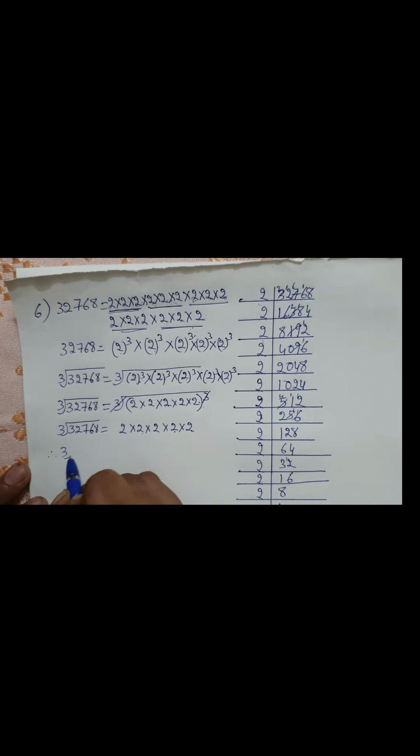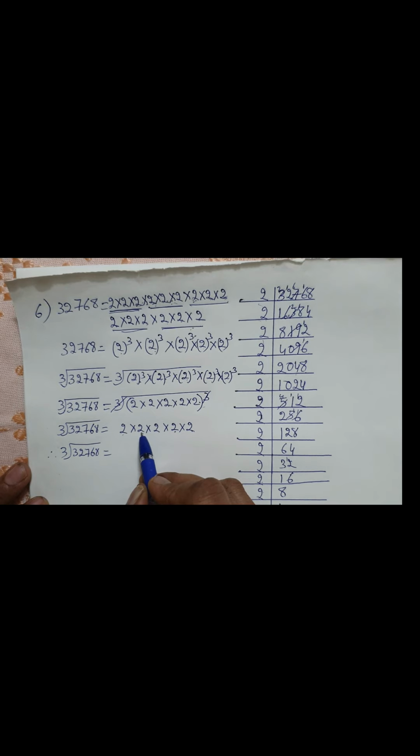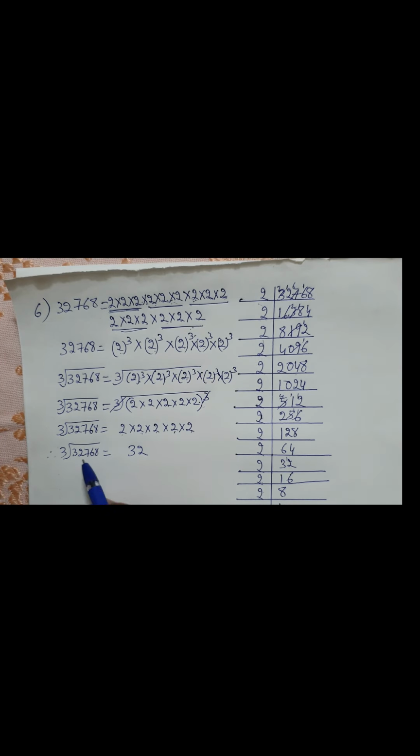Therefore cube root of 32,768 is equal to, 2 2's are 4, 4 2's are 8, 8 2's are 16, 16 2's is what? 32. So this is our final answer. Cube root of 32,768 is equal to 32.